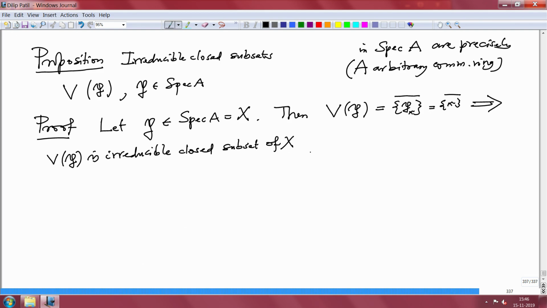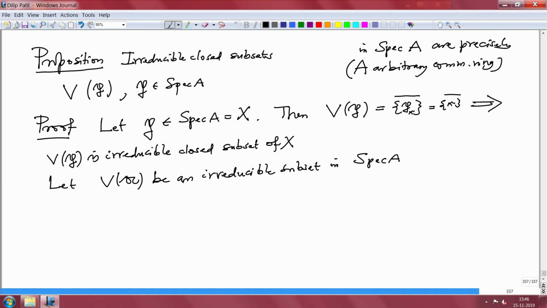Conversely, now I want to prove that for every irreducible closed subset there is a prime ideal P and it is of the form V(P). So, start with a closed and irreducible subset. So, let V(A), this is closed, be an irreducible subset in Spec A. I will prove that this ideal has to be a prime ideal.